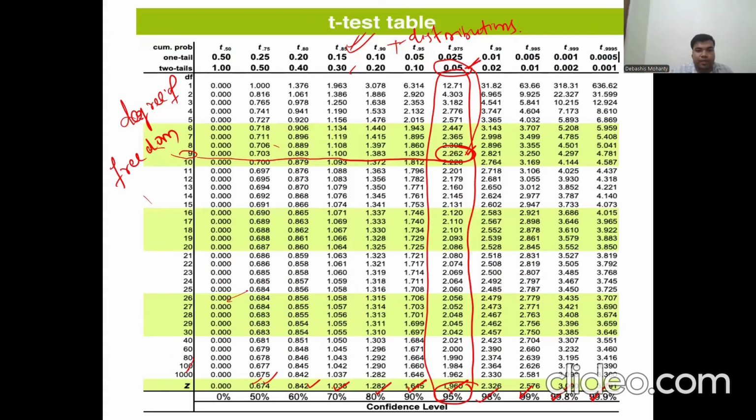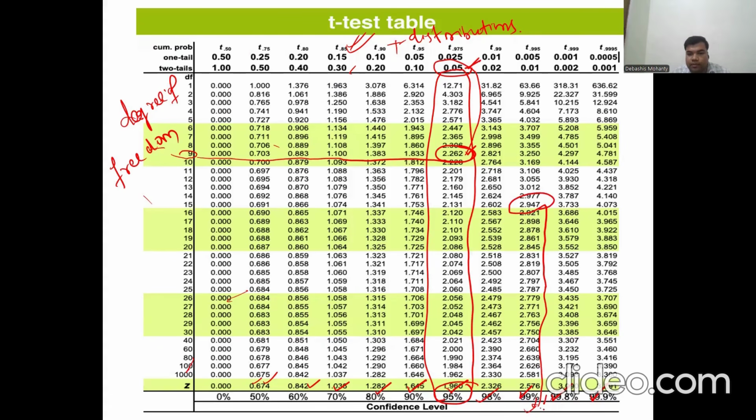So we have to see 15, 2.947 at 99% confidence. So here 99% means this one. We have to check this one at the 15 value. So what is that value? 2.947 means 99% confidence level.